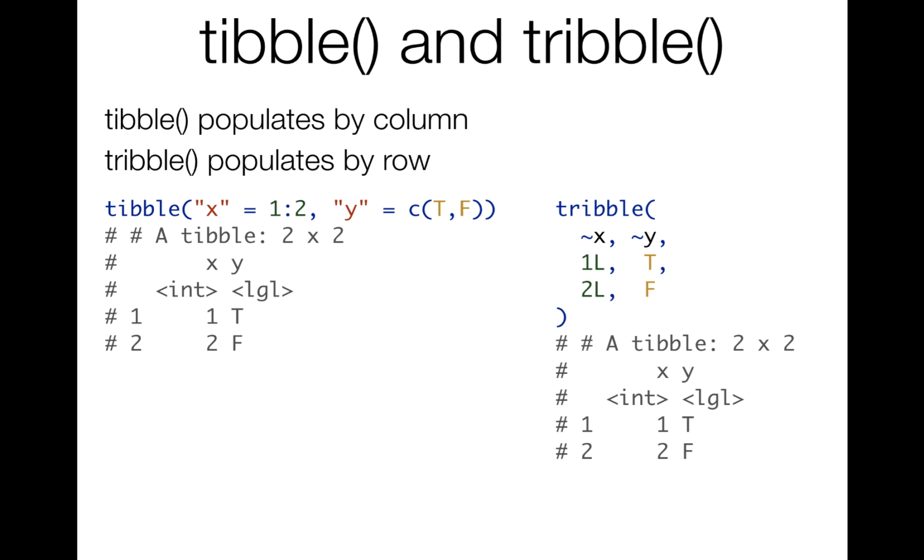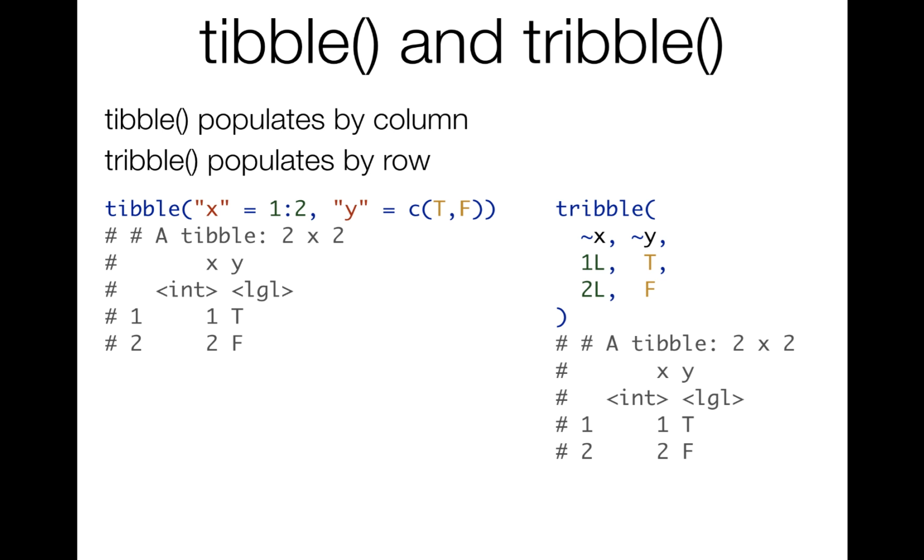This is exactly the same tibble, the exact same data frame that's created, but now I'm specifying it in a really readable way. It makes it a lot easier to read if I just want to define a tibble on the fly. To use tribble, I give the column headers with a tilde to begin with, followed by whatever the name is. So just x and y, or whatever variables you have.